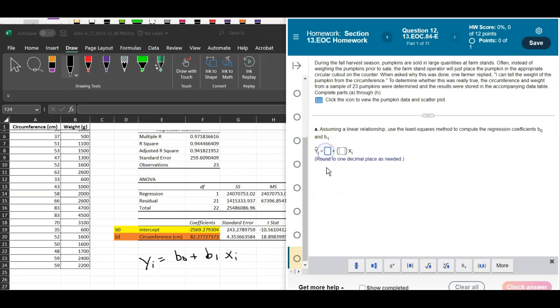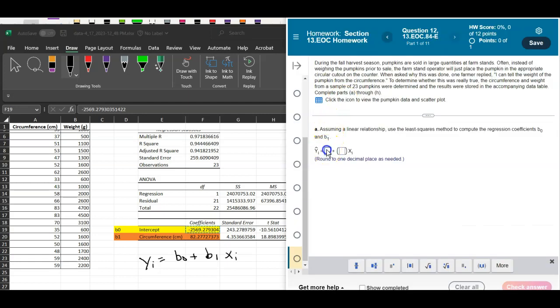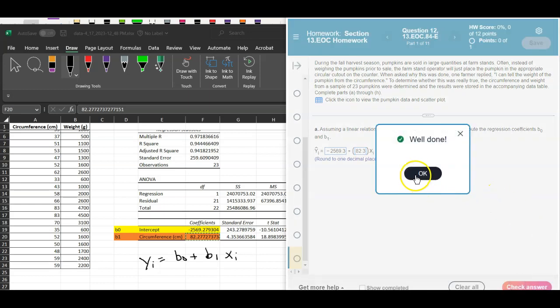The first variable is the B0. You can just click on it, copy it, and paste it over here. You want to round it to 1 decimal place, so 0.27 is going to turn into 0.3. Then copy B1 and paste it over here, and round to 1 decimal. So 27 is going to be 3. Check it. Good.